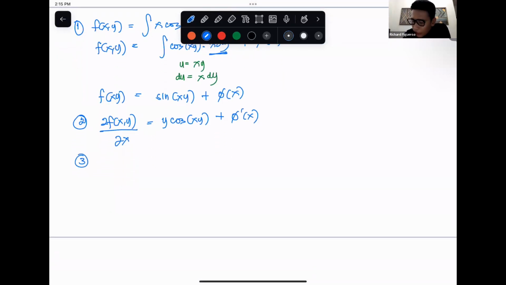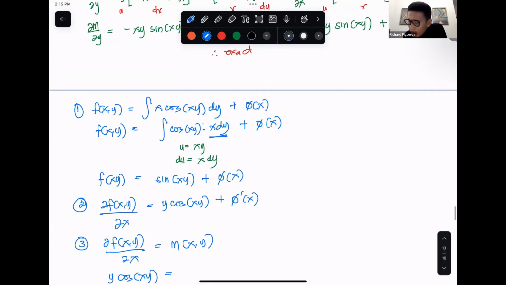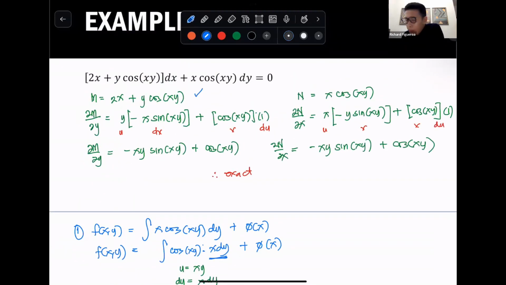Then we equate the partial derivative of f with respect to x, we equate it with m of xy. So y cosine of xy, ang m natin is this. 2x plus y cosine xy.